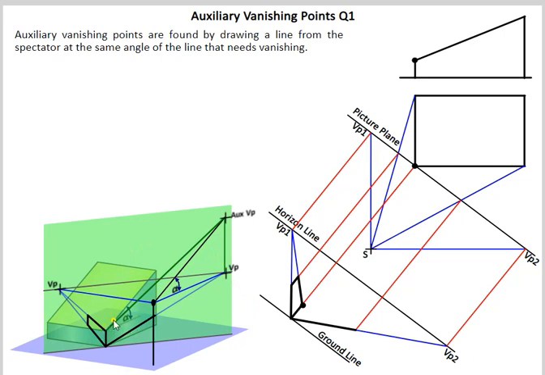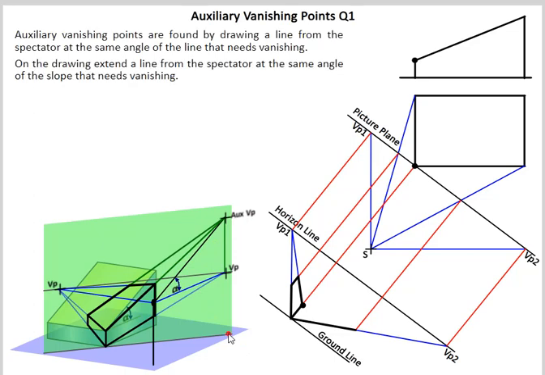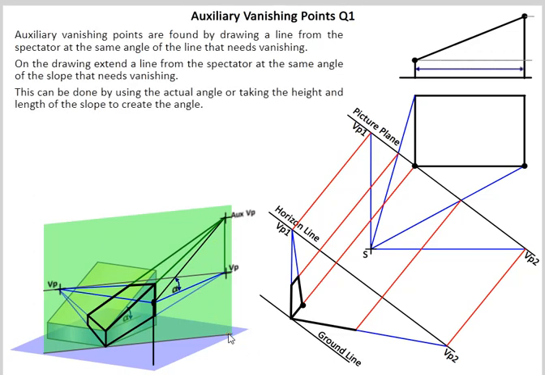And so what we're looking at here is, this is what's actually happening. On the green line here shows on the picture plane how it's vanishing back and how we actually see the object. Now to create this on our drawing here, we don't know the angle of this, so what we have to do is take measurements.